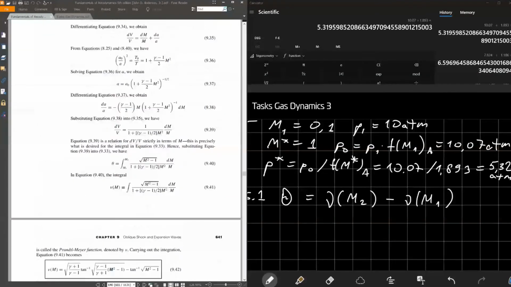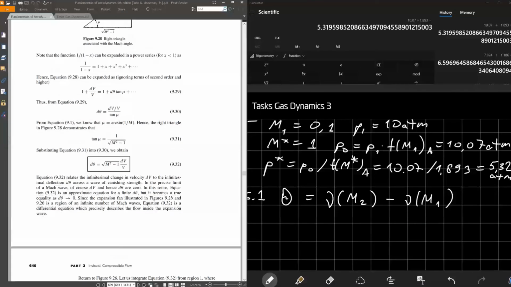The angles μ1 and μ2 are also given in formula 9.31, as you know, depending on the Mach number. This Mach angle exists when flow is supersonic, and when flow has Mach 1, it's 90 degrees, and then with an increase of Mach number in the supersonic regime, this Mach angle decreases, as we know, and the Mach angle does not exist in a subsonic regime, right?